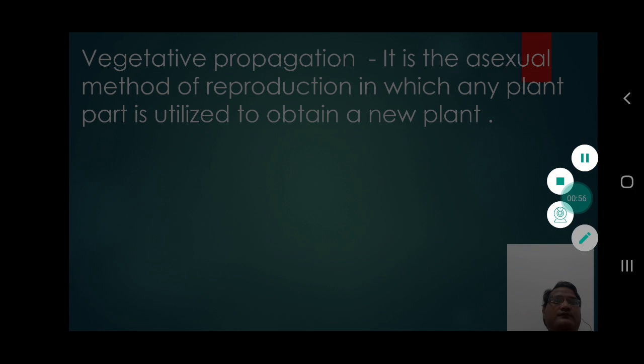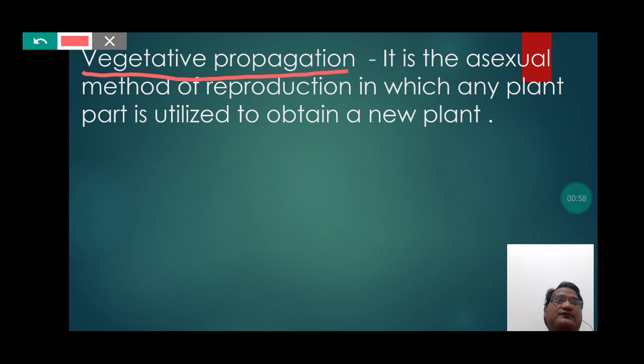So students, vegetative propagation actually is a type of asexual method of reproduction where only one parent plant is sufficient to give rise to a completely new plant.